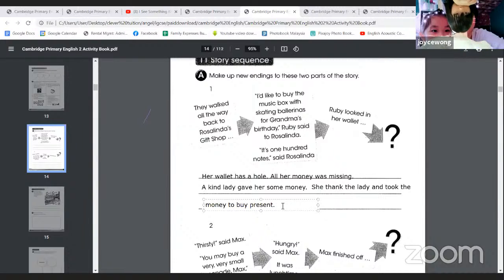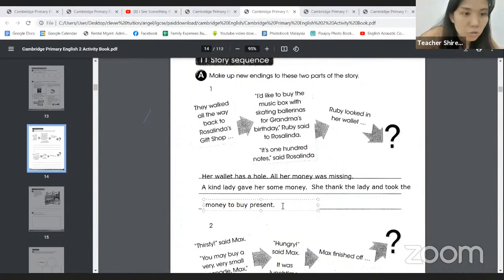If you don't have space, please write into your exercise book, please. She thanked the lady and took the money to buy present.